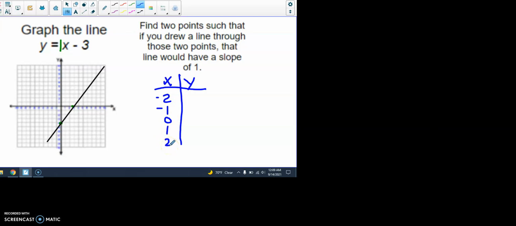If I count off my x values by 1s increasingly, and do the same thing for the y's, then my change in the y is a positive 1 change, and my change in the x would also be a positive 1 change. And so slope would be the rise value over the run value. So that would be 1 over 1, which is 1.